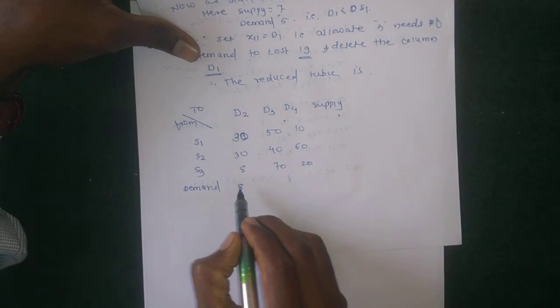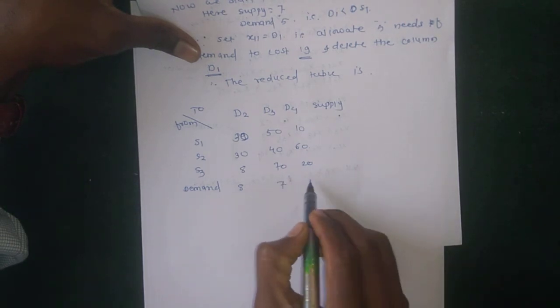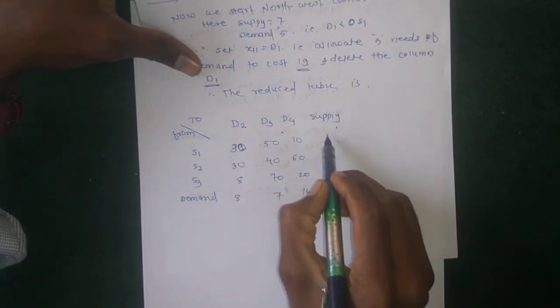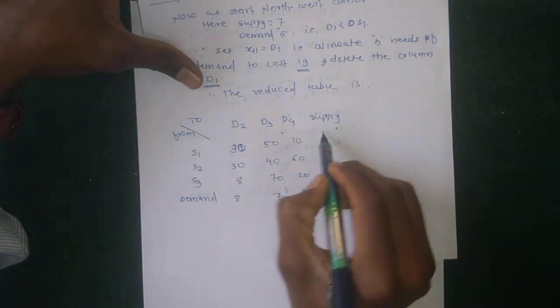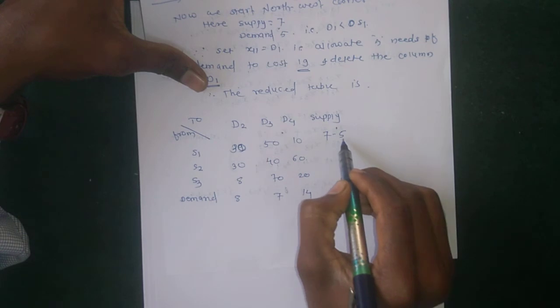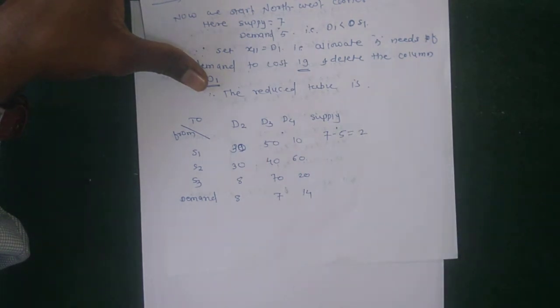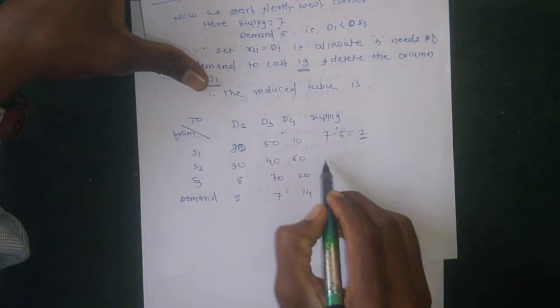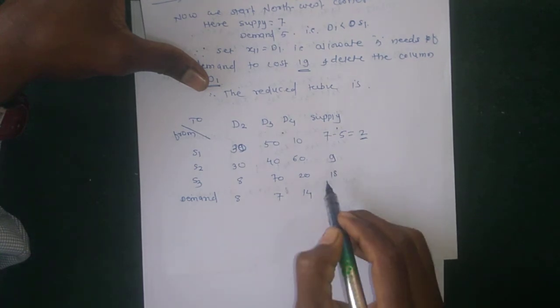The demands are 8, 7, 14. The remaining supply is 7 minus 5, demand subtracted from supply, so only 2 remains, and then 9 and 18 as they are.